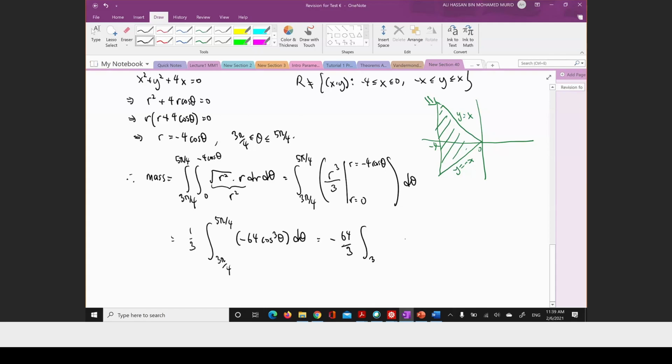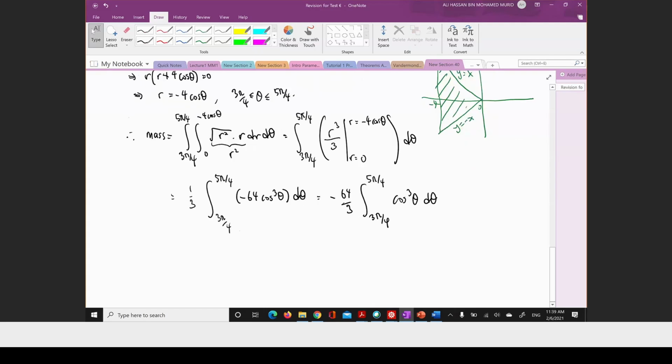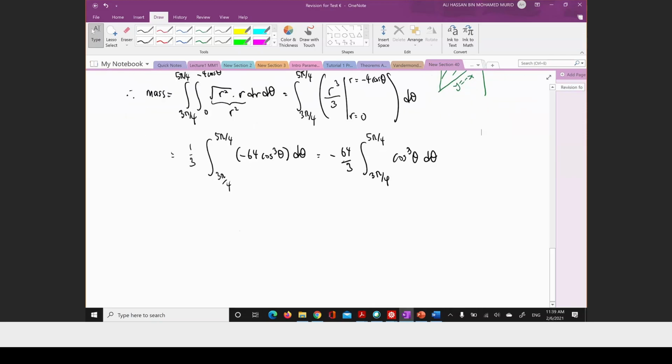How do you integrate cosine cubed theta here? Any idea? Separate it into cos squared theta and cos theta. We have seen this before, right? For sine cubed, isn't it?